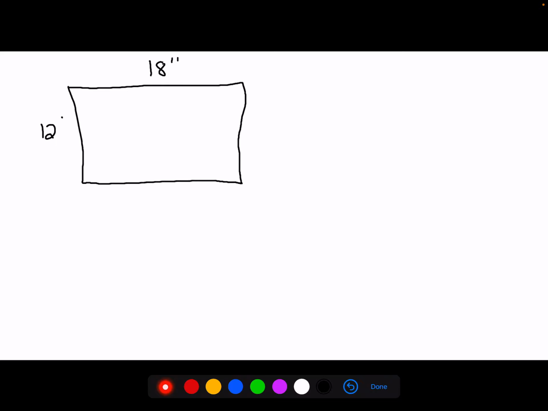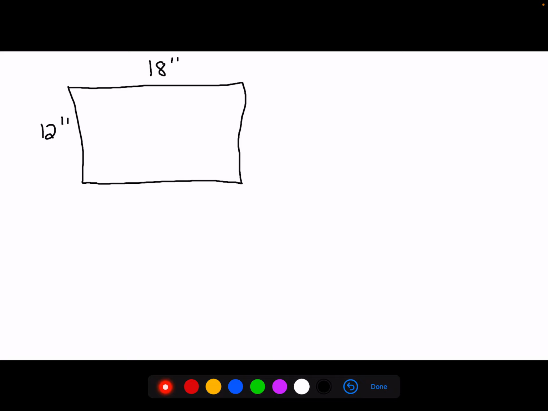But I wanted to do an application problem. It's actually similar to one of the homework problems involving finding the volume of a box, where you have this rectangular piece of cardboard. And this particular one is 18 inches by 12 inches. So I'm taking this right out of the book, page 375, number 91.